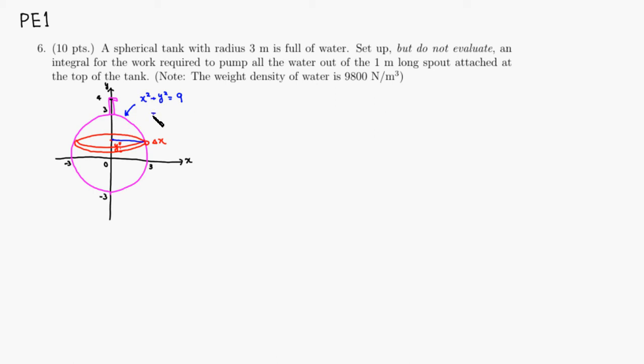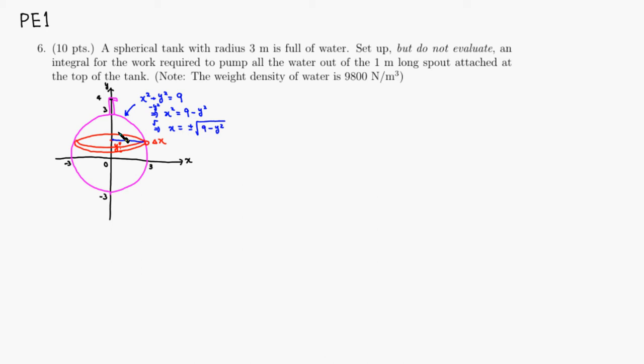Subtract y squared: x squared is equal to 9 minus y squared. Taking the square root of both sides, x is plus or minus the square root of 9 minus y squared.